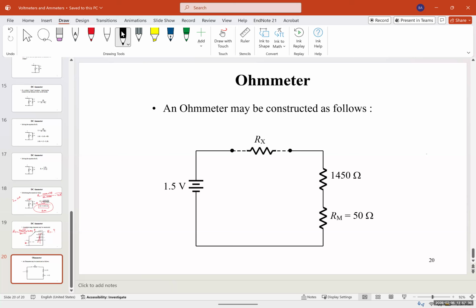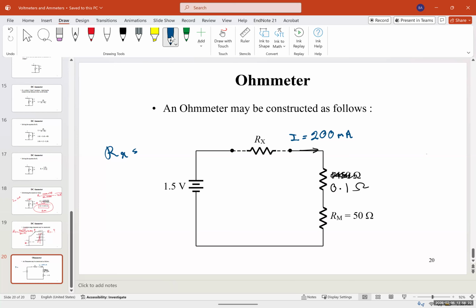For this one, I want to give you an example. Imagine that this is 0.1 ohms, and the current passing through this is, let's say, 200 milliamps.